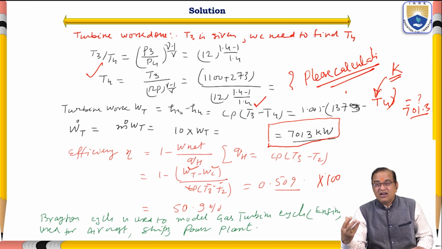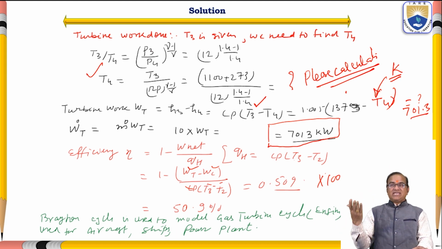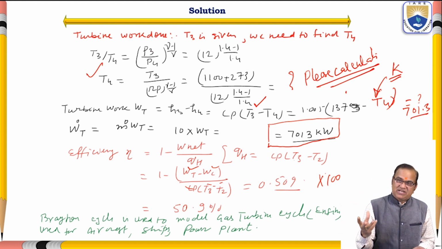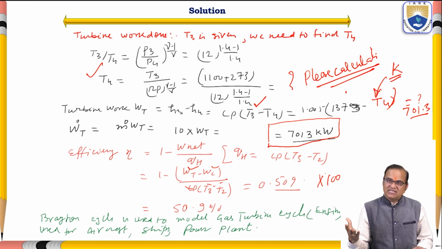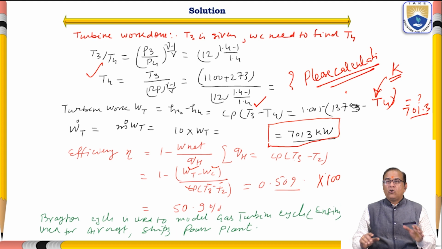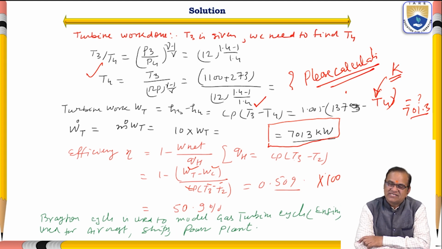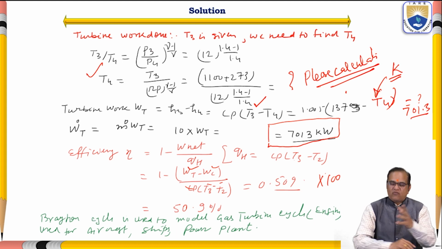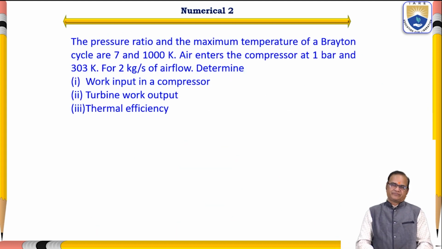So you can use all these equations. You can design all the parameters of your engines and turbines as per the given equations. Hope you have liked this and understood this problem. Very simple problem. And now I will go for my next problem.